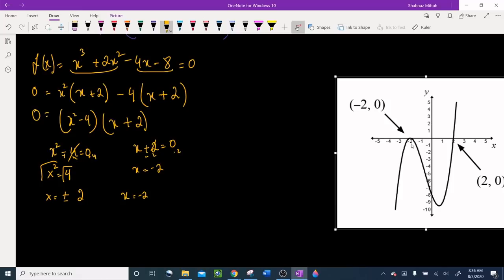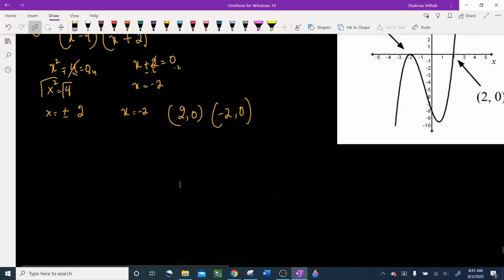Okay, what does multiplicity mean and how can multiplicity help us figure out what's going on with the graph? So we found the zeros, and you can tell the zeros are called x-intercepts, where the y is always 0. So it's going to be 2, 0 and negative 2, 0. Since negative 2 appears twice, I'm just going to pick one. You don't have to pick twice.